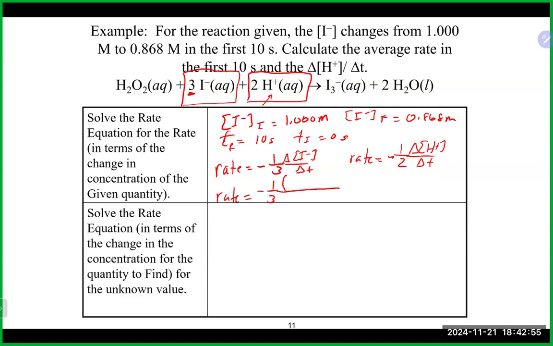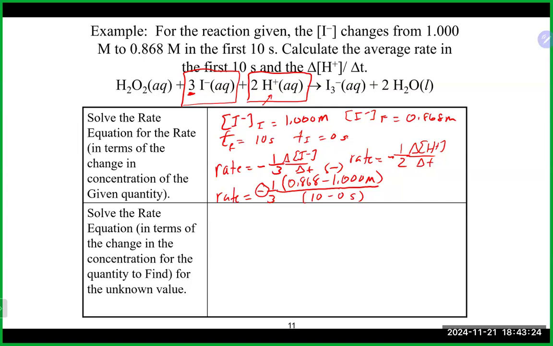Again, we want to take our final concentration, which is 0.868, minus our initial, which is 1 molar. And we do want to do final time minus initial time, which is in seconds. This is going to give me a negative number because it's a reactant. It's decreasing with time, which once again will work well with the negative in front to give us our rate as a positive number.